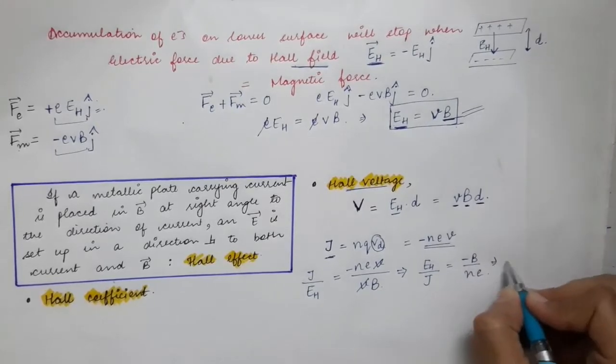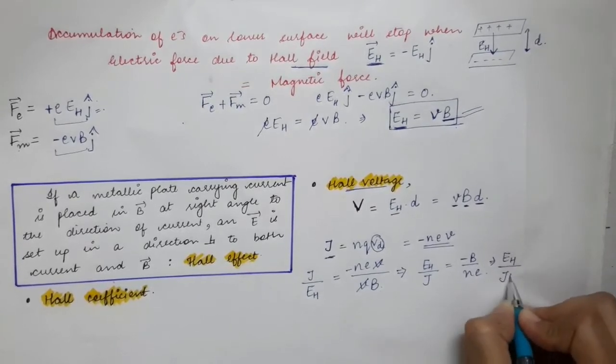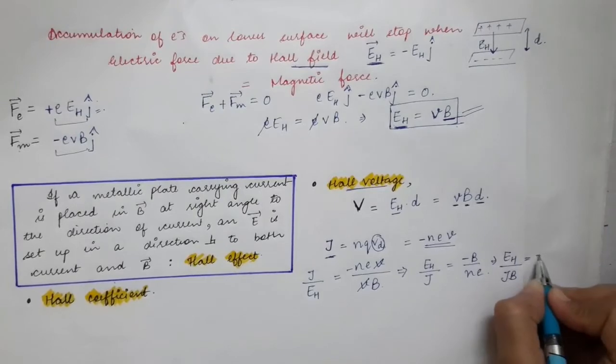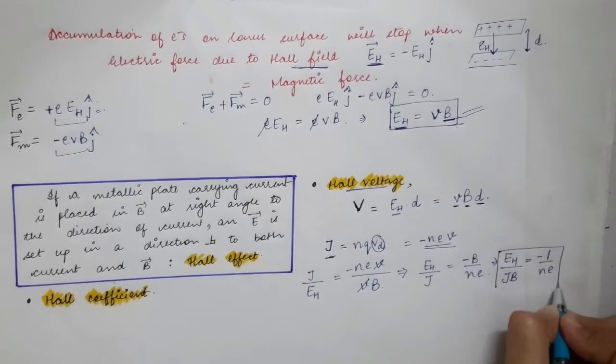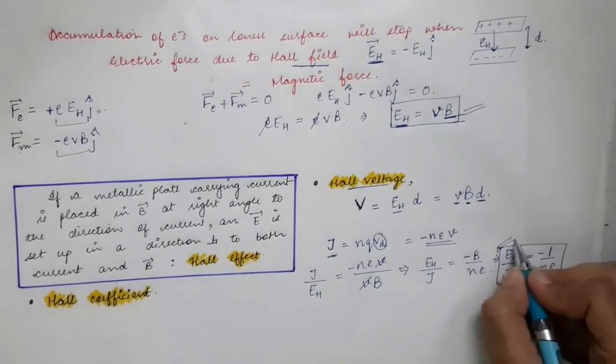So let's write it in the form EH divided by JB equal to minus 1 divided by n e. This is a very important formula.